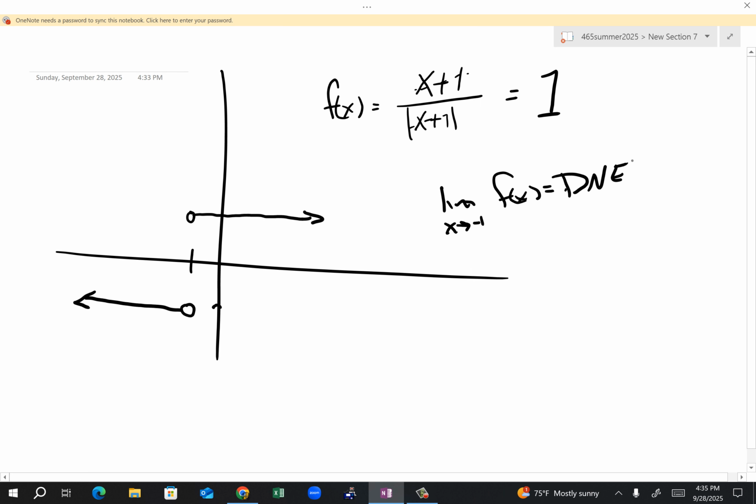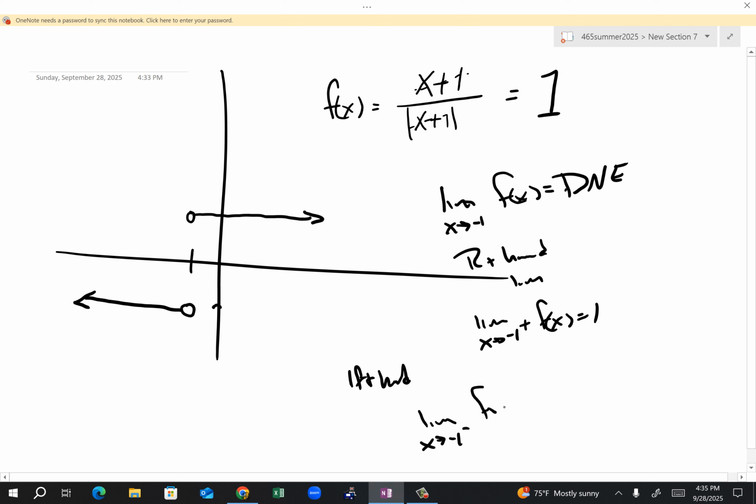Notice that the limit does not exist. Now, we say the right-hand limit, that is the limit as x approaches -1 from the right, totally exists, and it's 1. We say the left-hand limit, which is the limit as x approaches -1 from the left, is -1, and it totally exists.